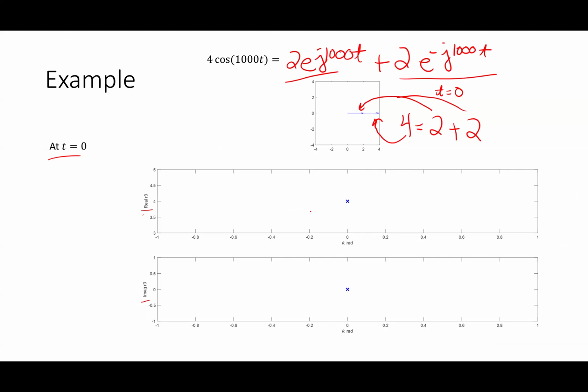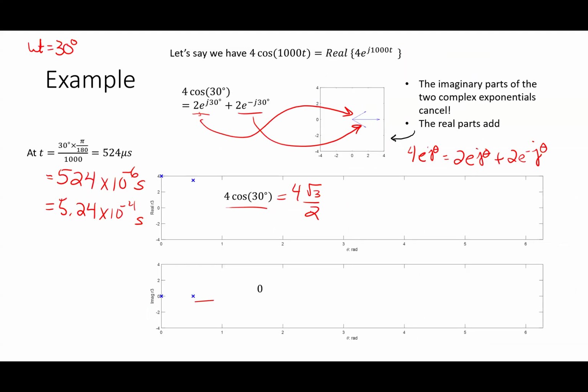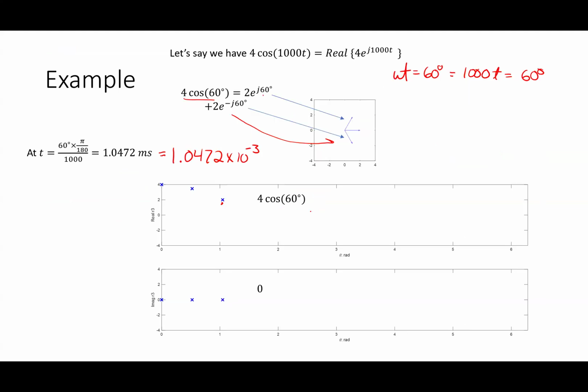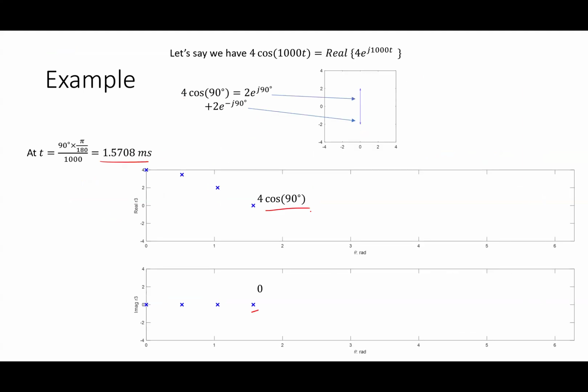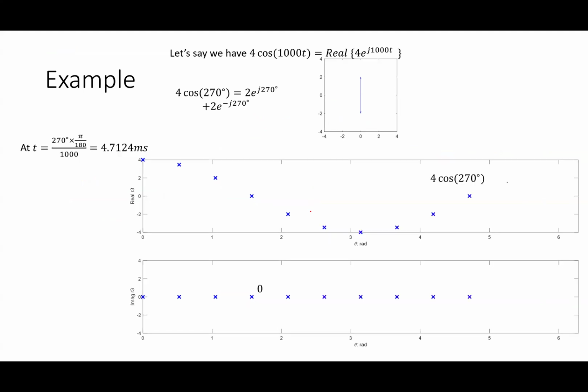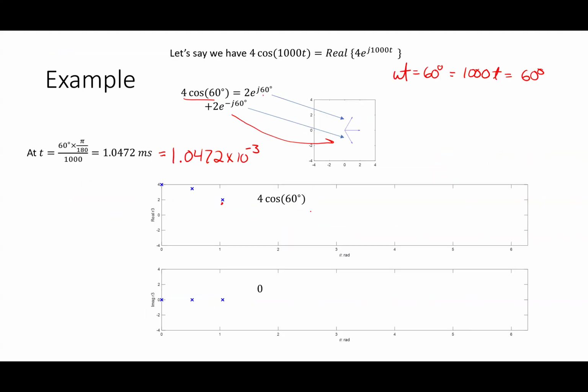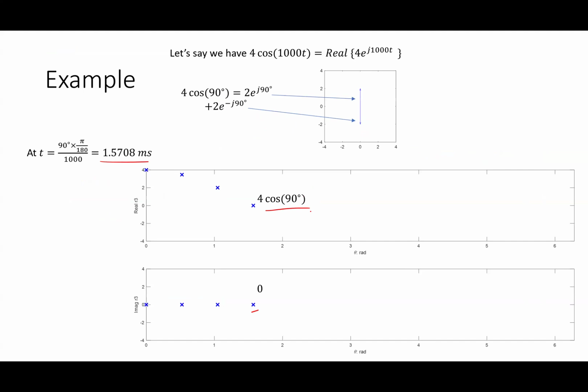At t equal to 0, they're both pointing in the real direction. Again, they're rotating in opposite directions. At 30 degrees, one's going up 30 degrees, one's going down 30 degrees. At 60 degrees, one's going up 60, one's going down 60. At 90 degrees, one's going up 90, one's going down negative 90. What's going to happen at 180? Both are going to point at 180. I skipped right ahead to 270. At 180, they would both be pointing in the negative real direction.